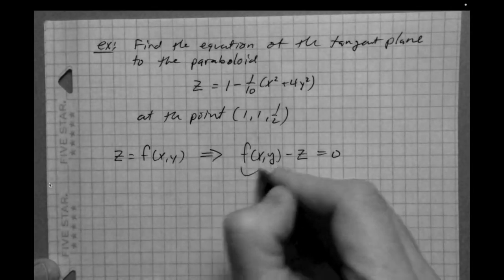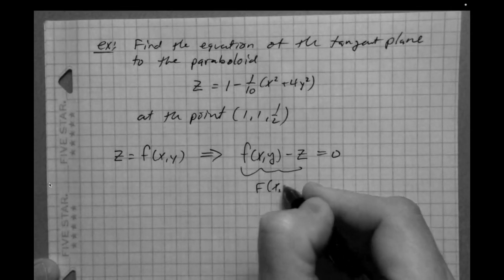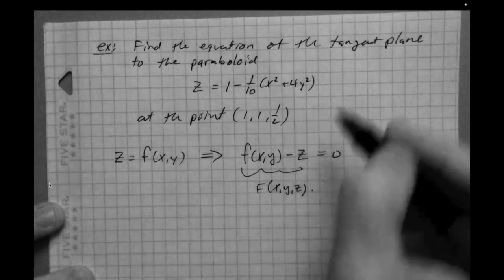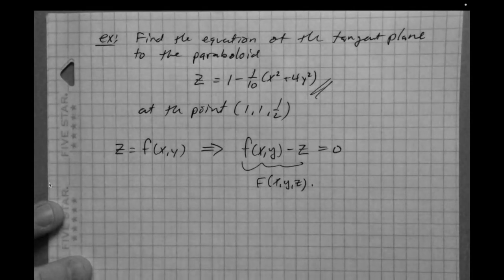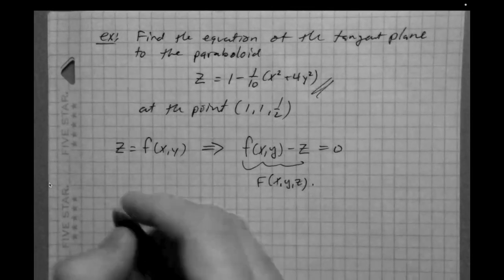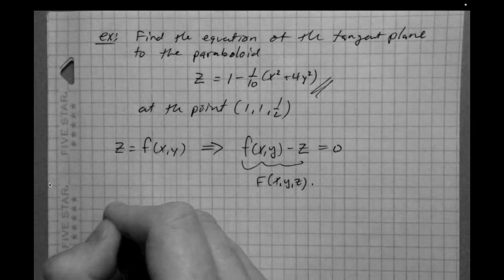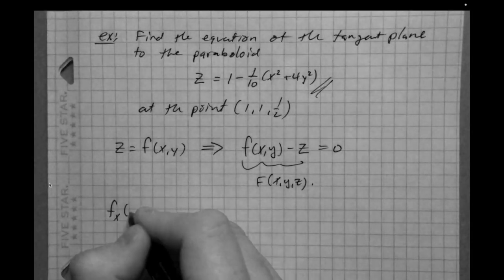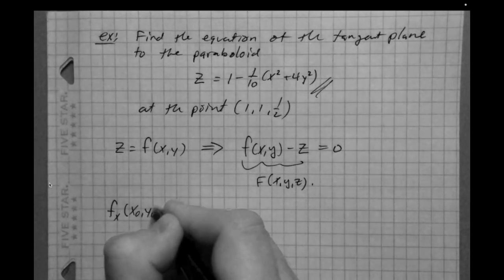And so this guy here is your f of x, y, z. But if we're going to leave the equation in this form and we want to work with the prior theorem, we have to augment it slightly. And so what we need to do is basically rewrite it like this. This is going to be x naught, y naught.